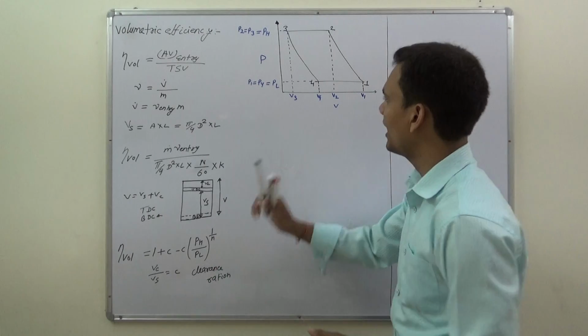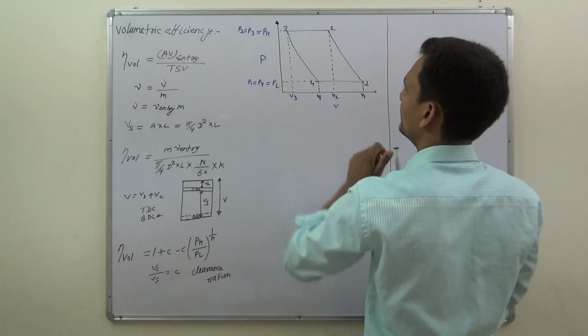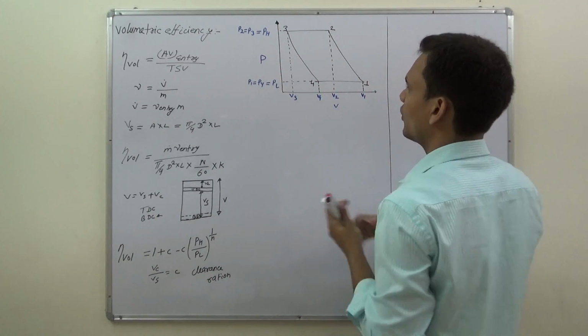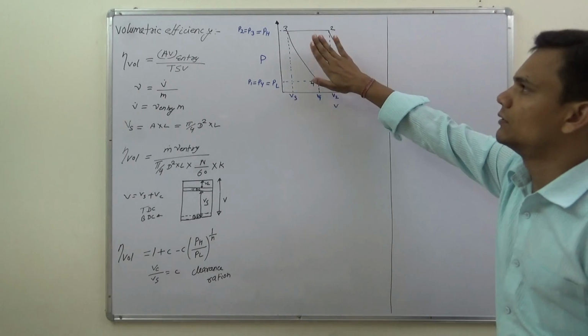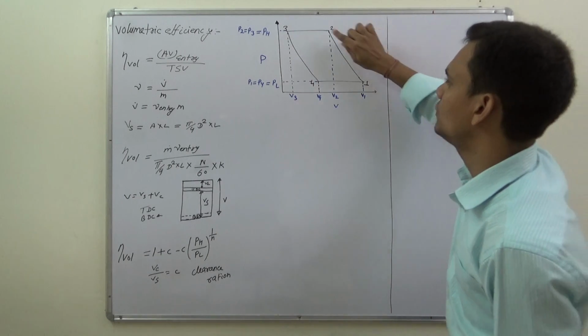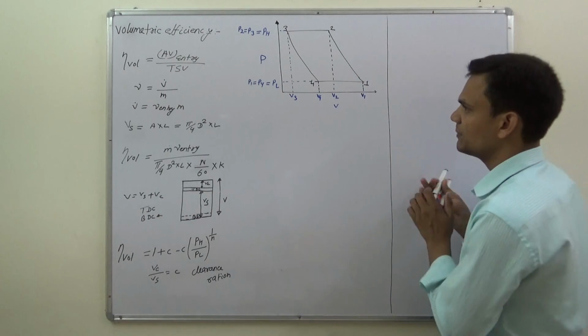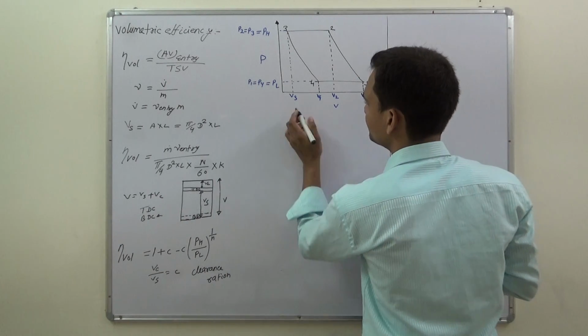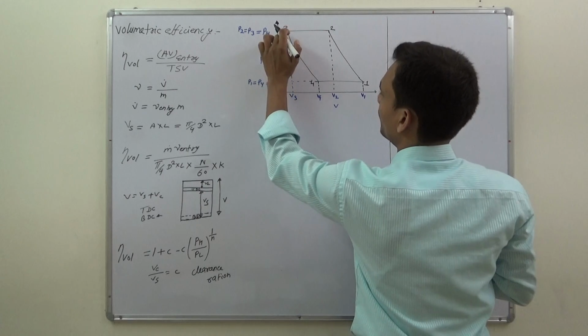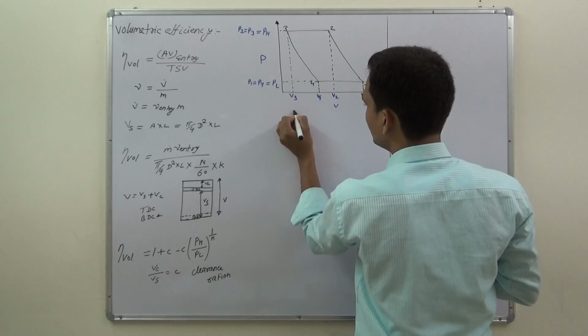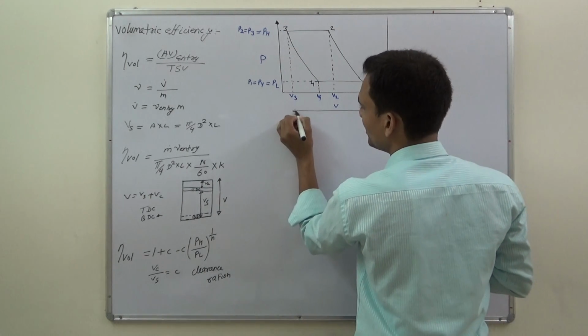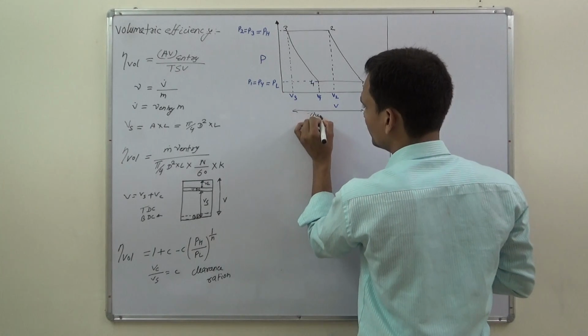To prove this formula, I draw here a PV diagram for a piston. Points 1, 2, 3, 4. These are four positions of the piston. If we talk about from point 3 or V3 to V1, this will be equal to theoretical swept volume.